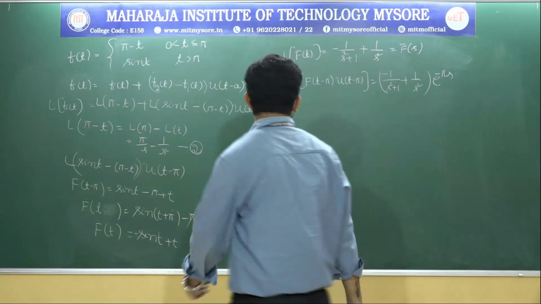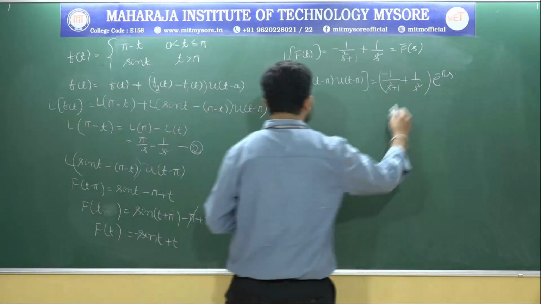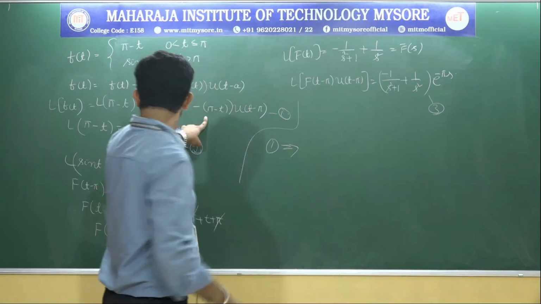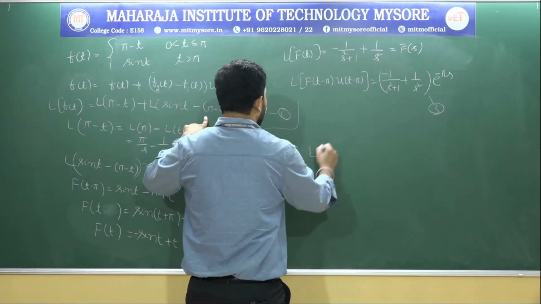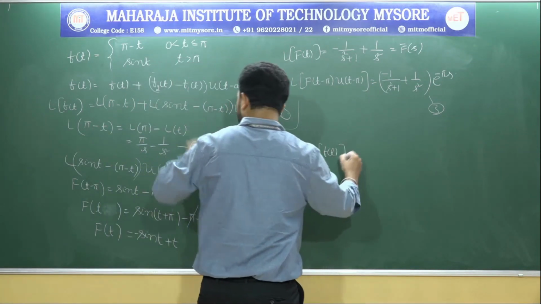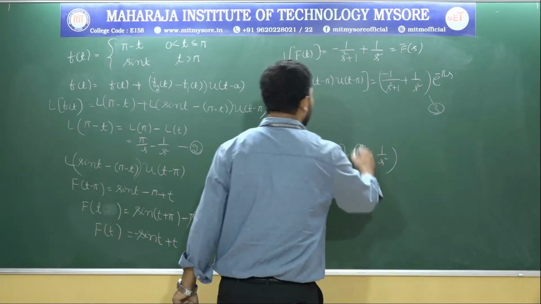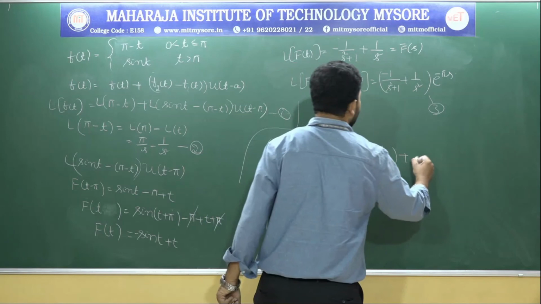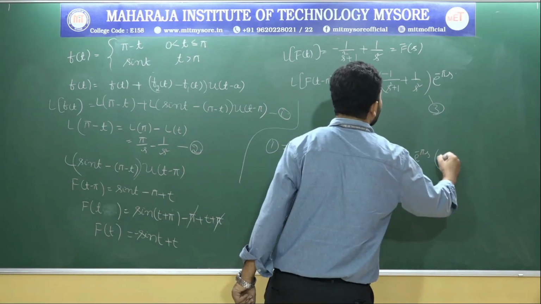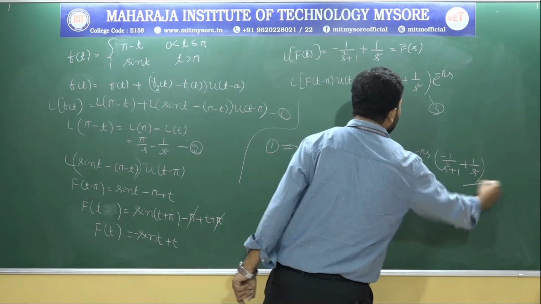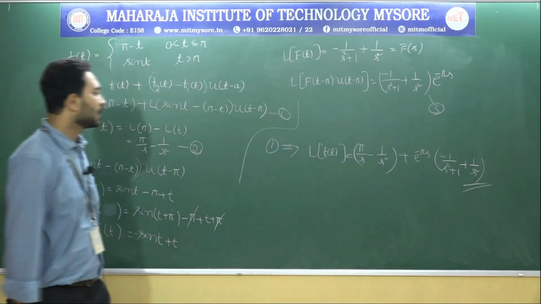It is e power minus as into f bar s. So I will take this as equation 3. So final result, equation 1 becomes Laplace of f of t equals equation 2, pi by s minus 1 by s square, plus e power minus pi s into (minus 1 over s square plus 1 plus 1 by s square). This is the result.